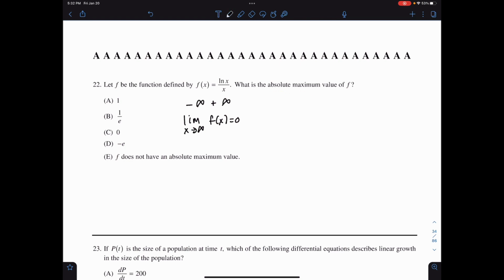So to get the critical points, we need to solve for the derivative and find when that's equal to 0. Now the derivative of ln of x over x, again, we would use the quotient rule here. So I'm going to first define my u. So u is equal to ln of x. u prime is 1 over x. My v is x.